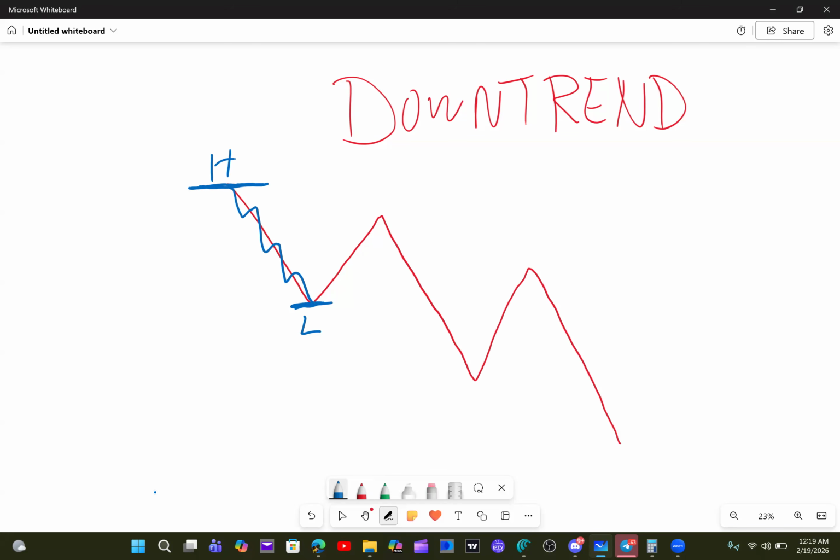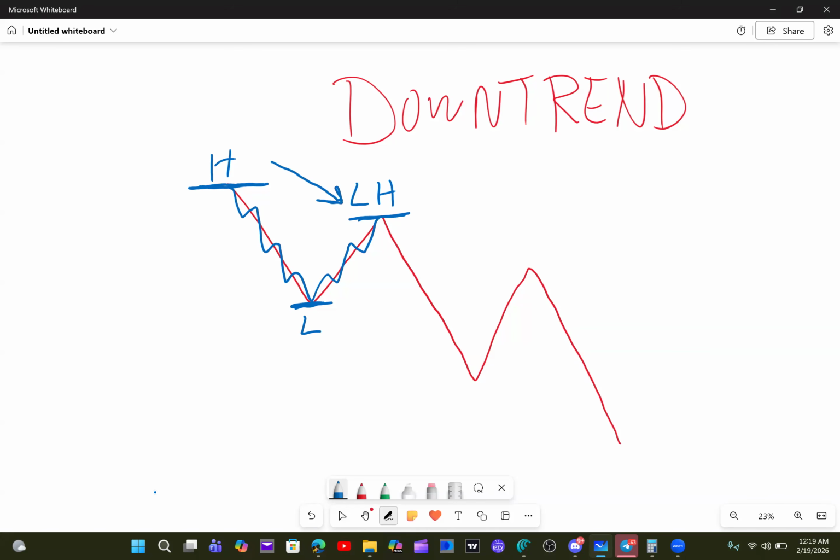Then it's going to go up and create a lower high, because once again, we're on the high side of the candles, but it's lower than the previous high.